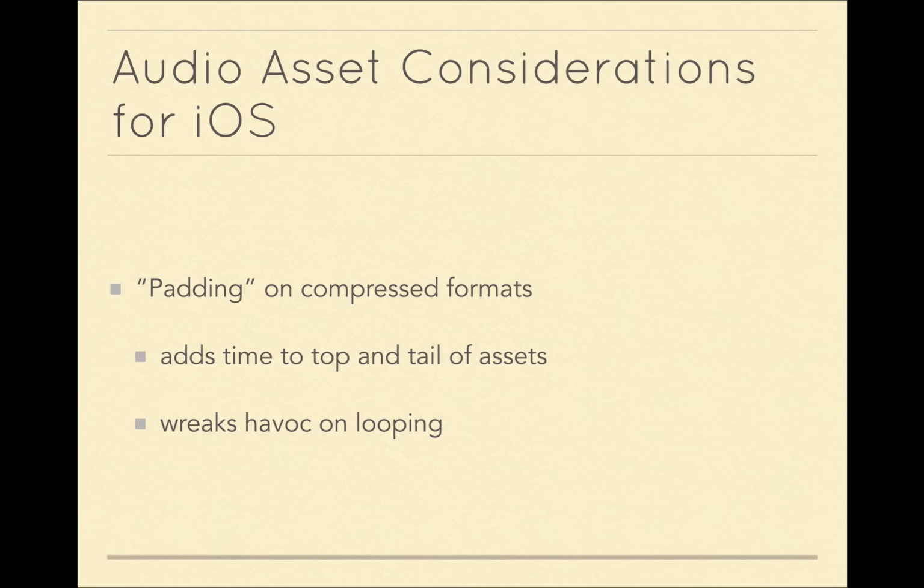So while you can use MP3s in iOS apps, if it's a looped asset, then you don't want to use that format. And there's other formats that do this. If you need a compressed looped format, again, Apple recommends the IMA4 data format, and you shouldn't have any problems looping those assets.